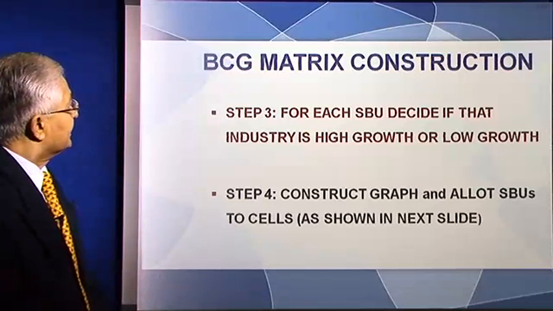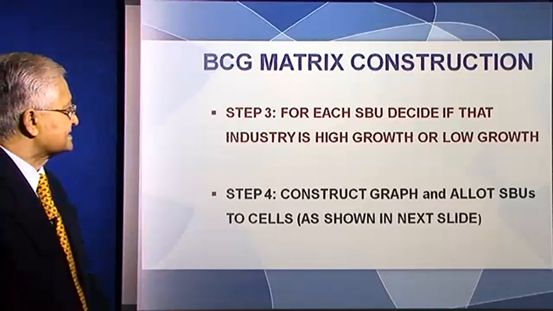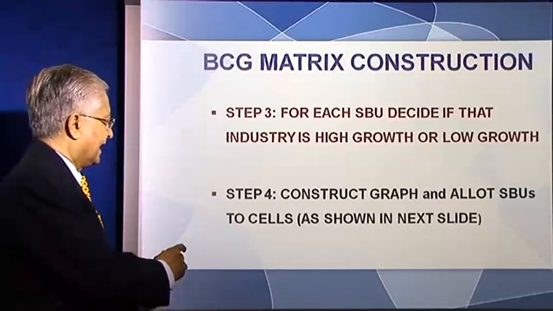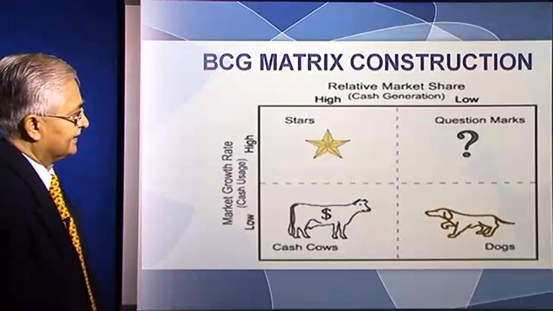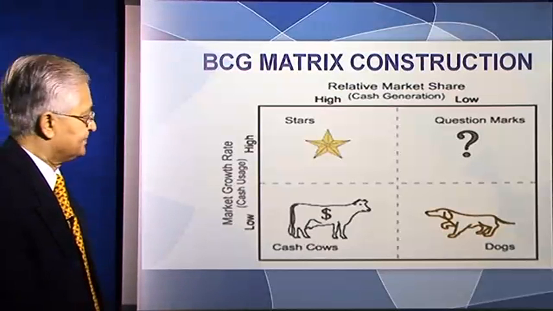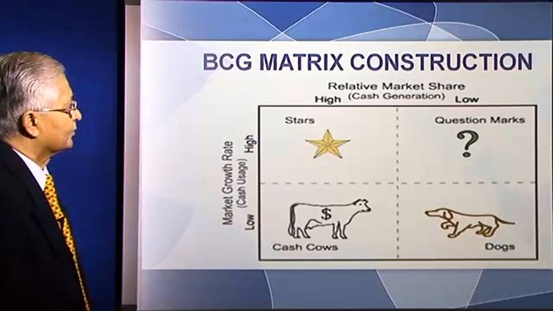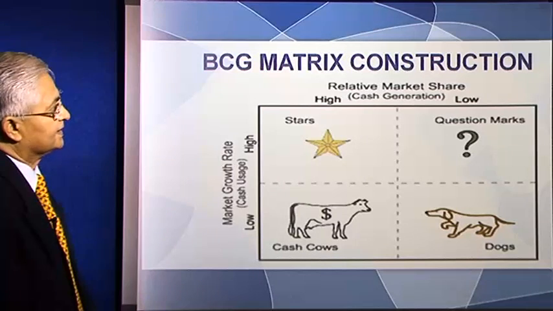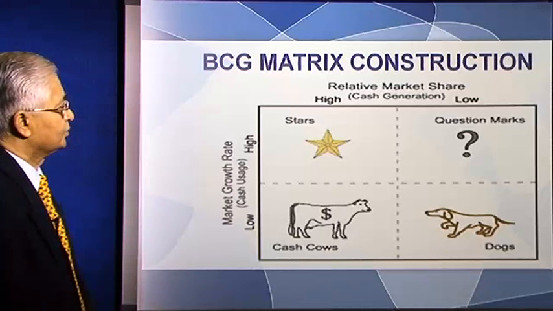So that's step 3. Step 4 is that we construct a graph and allot these SBUs to cells as shown in the next slide. What we have done here is those businesses, those SBUs which are in industries having a high market growth rate are put into one of these top two squares, and those with a low market growth rate are put into the bottom two.